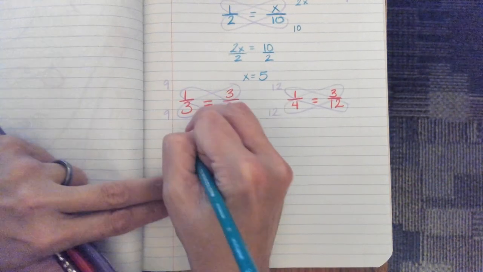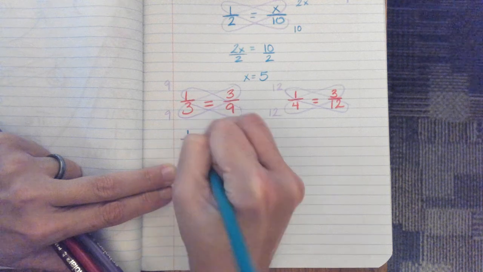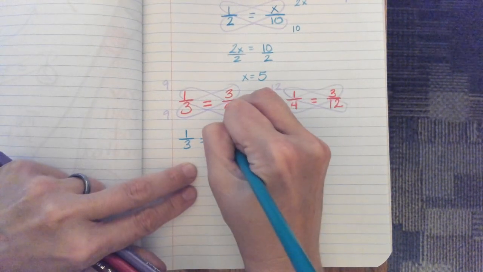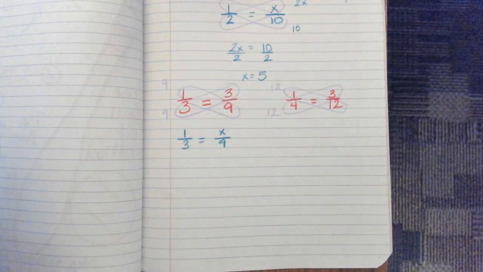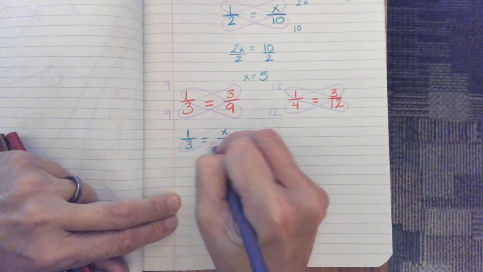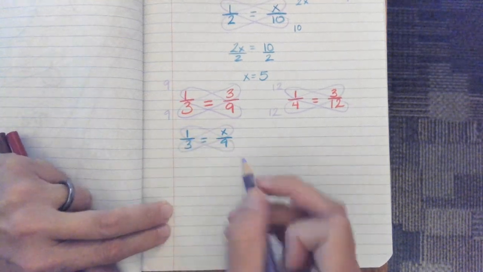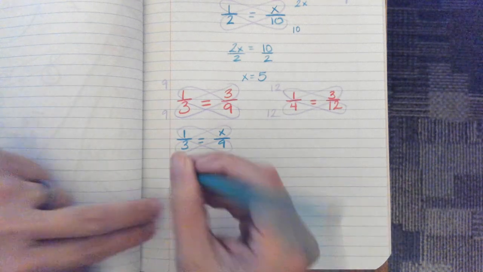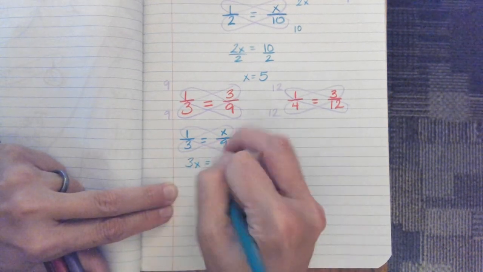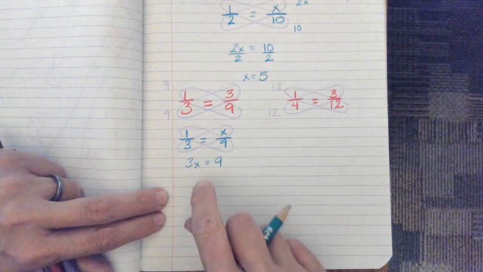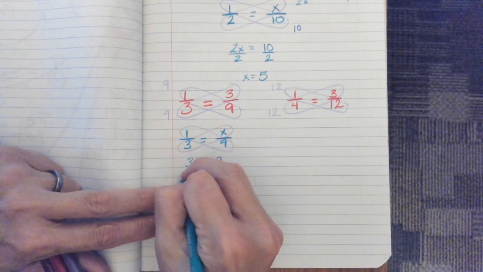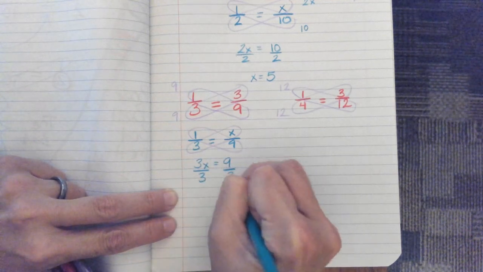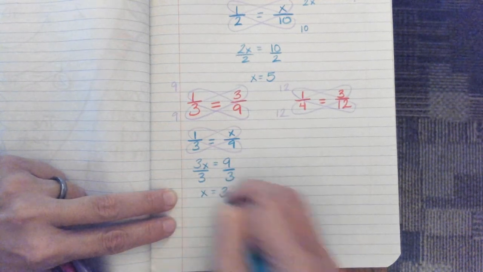Right here, if I was missing the 3, I know whatever this number is, it's 3, but if I was trying to use the butterfly to help me, I would know that 3 times something equals 9. But how do I figure out what that something is? If I divide both sides by 3, then I find out that that number was 3.